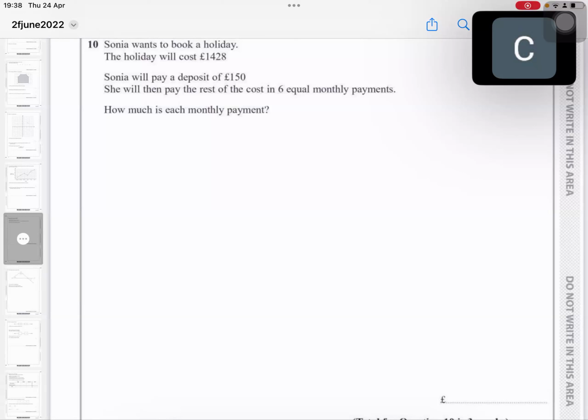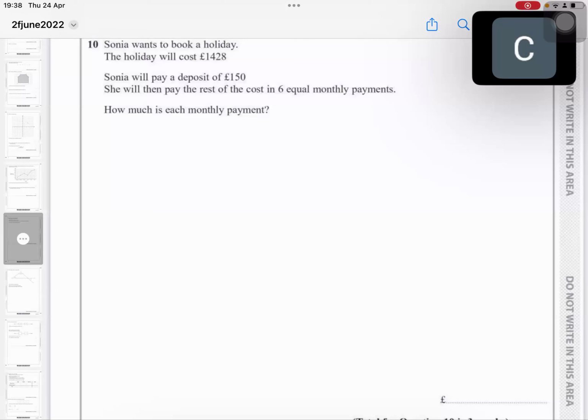So 1,428 minus 150 will give you what? £1,278. 1,278.